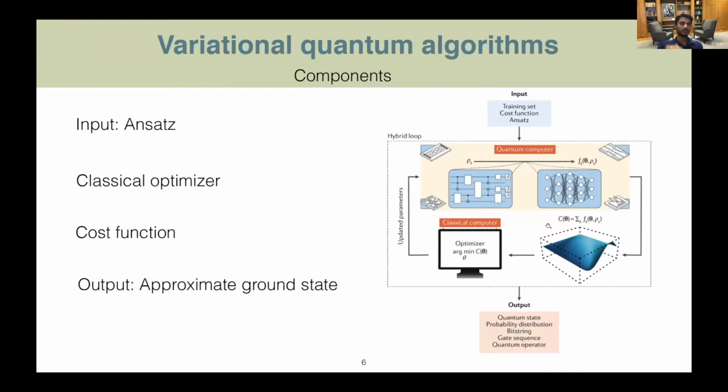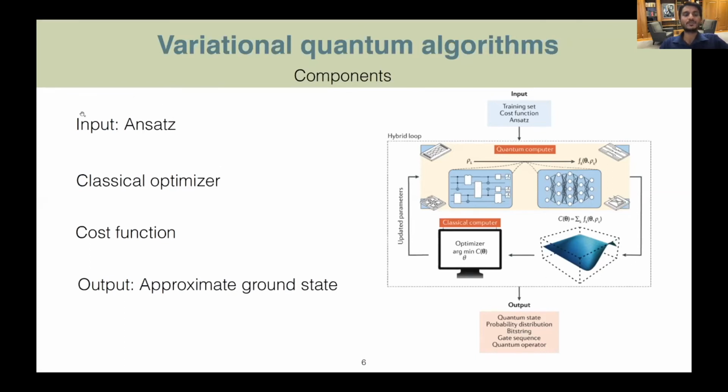Now, variational quantum algorithms have four main components. One is the input, the ansatz that one chooses, the classical optimizer that one is using, and the cost function, which defines the distance between the target and the output of the variational quantum algorithm.